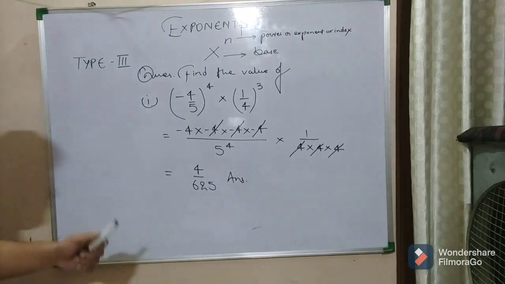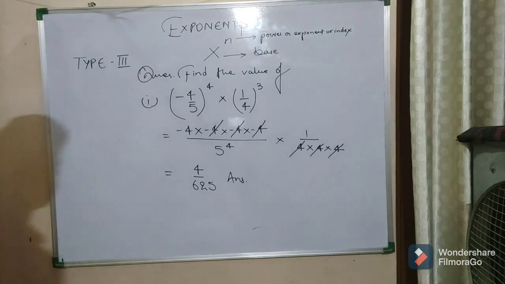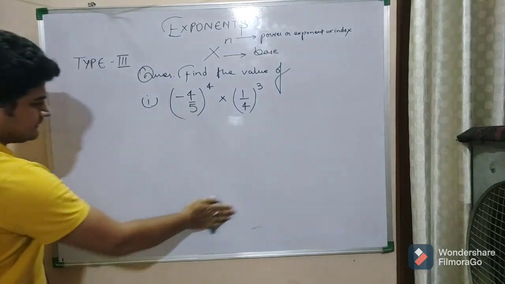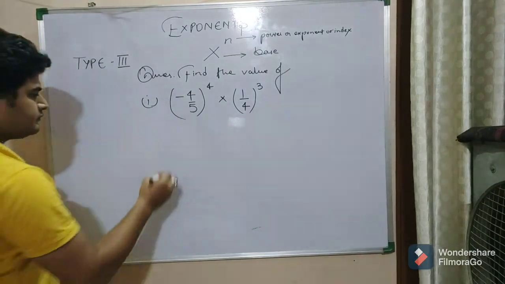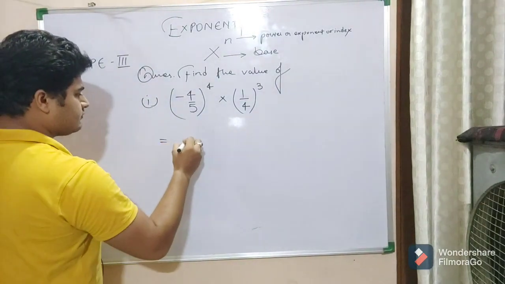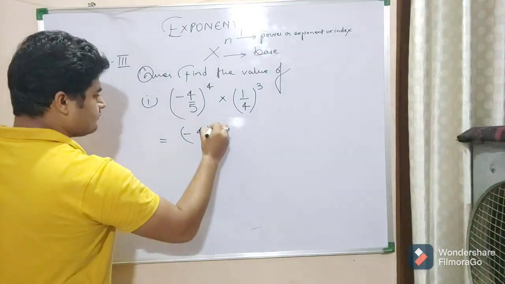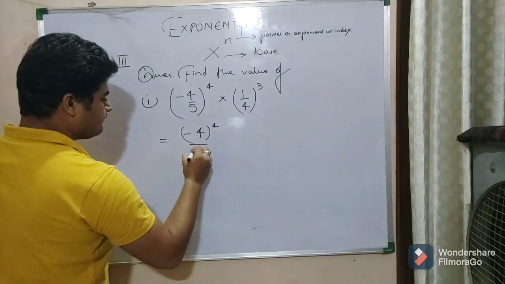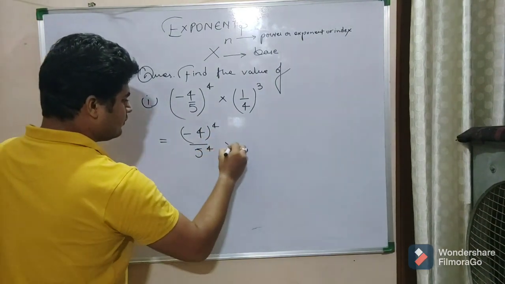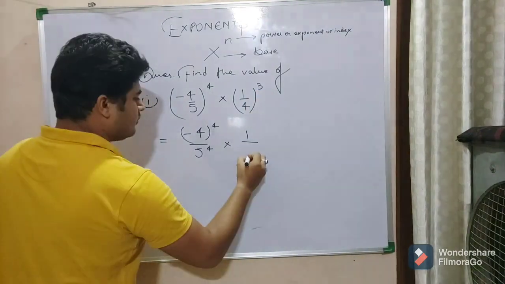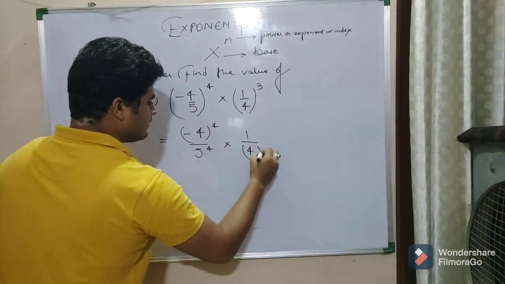This you have noted down. This is the one method of solving it. The other method in which you can solve it is that you can write it as -4 raised to the power 4 upon 5 raised to the power 4 multiplied by 1 raised to the power 3, which will be 1 only, upon 4 raised to the power 3.